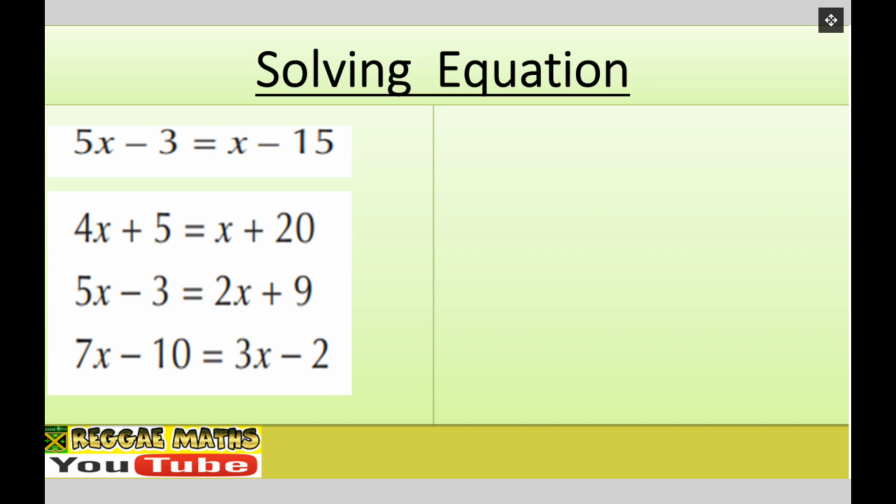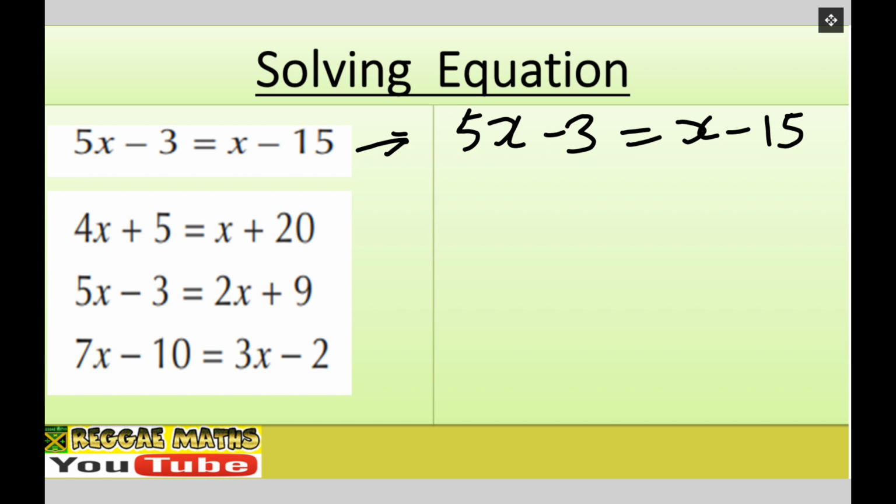Okay, unknowns are on both sides now. So if we look at this, there's an unknown on both sides. So basically the aim here is to get x on one side and the numbers on the other side. If we look at the first question here, we have 5x minus 3 equals x minus 15. The bigger x is on the left hand side, so we're going to keep the x on the left hand side and the numbers on the right hand side.